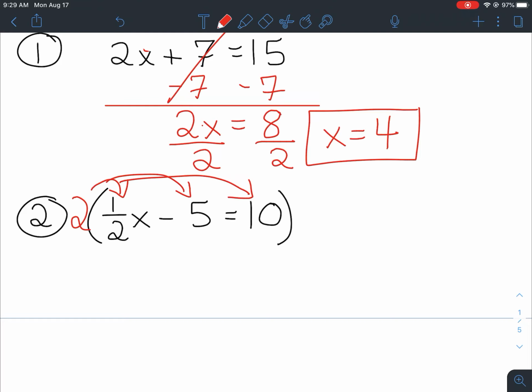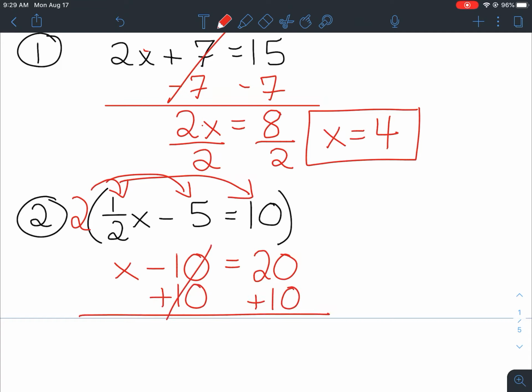So 2 times 1/2 is just 1x. 2 times negative 5 would be negative 10. And 2 times 10 would be 20. So we're clearing out the fraction by multiplying by whatever that denominator is. And now it's a one-step equation. How do you get rid of minus 10? You add 10 to both sides. So we know x is 30.